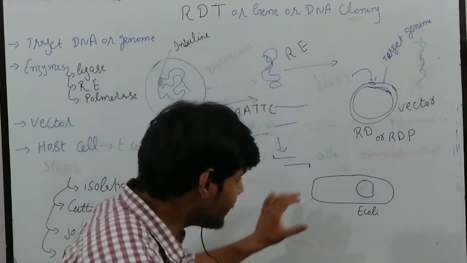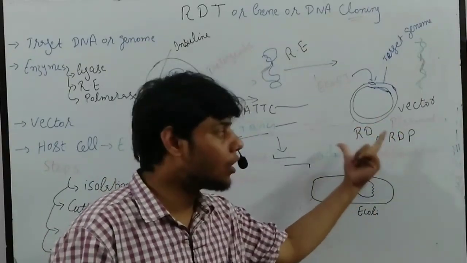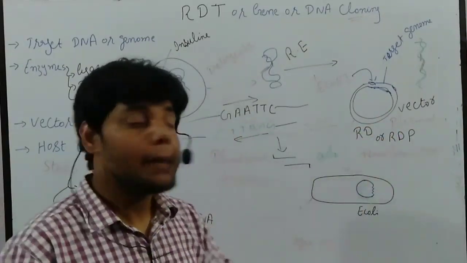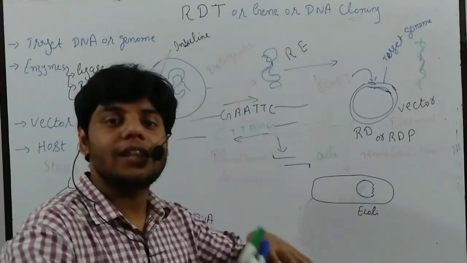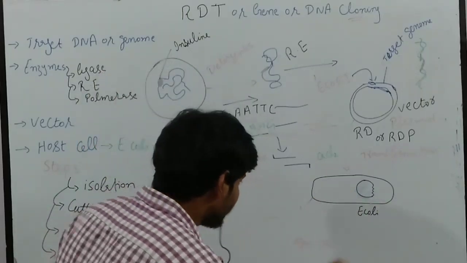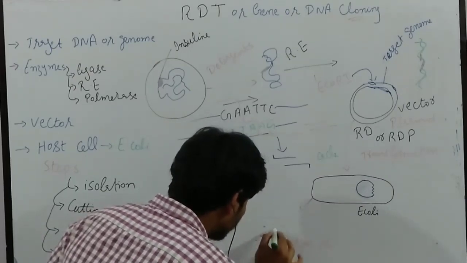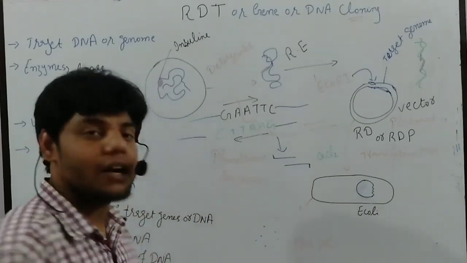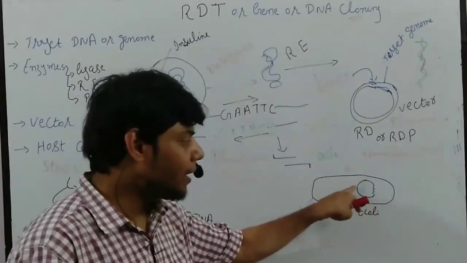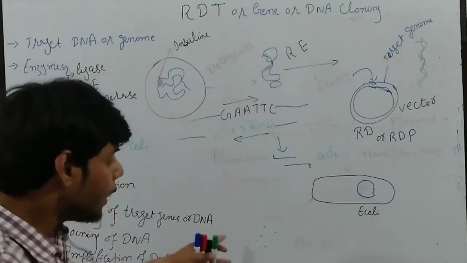Due to this ampicillin, those bacteria which do not take the vector or the plasmid will die, and those bacteria which take the plasmid will survive and divide. So this is called screening. Okay, so we get our desired bacteria. Let's say this colony shows that each bacterium contains the recombinant plasmid, and each bacterium has survived.